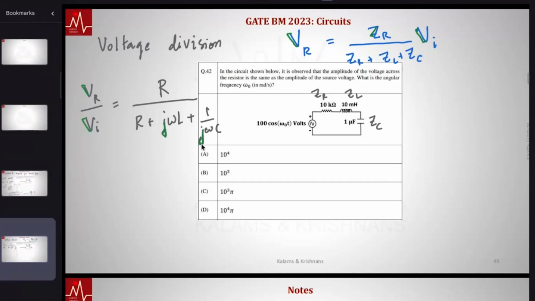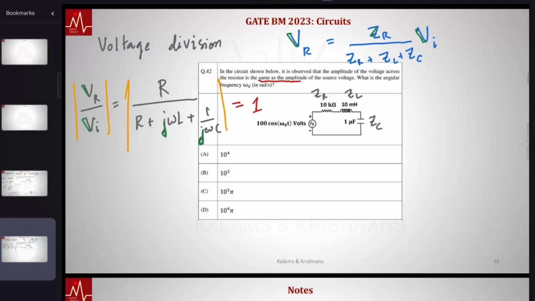There is a real part and there is an imaginary part. So what is mentioned is the amplitudes are the same. These two voltages are the same amplitude. So what it essentially says is this equals 1. Let's also color code it, so the ratio of the amplitudes is 1. That's why I'm getting that.